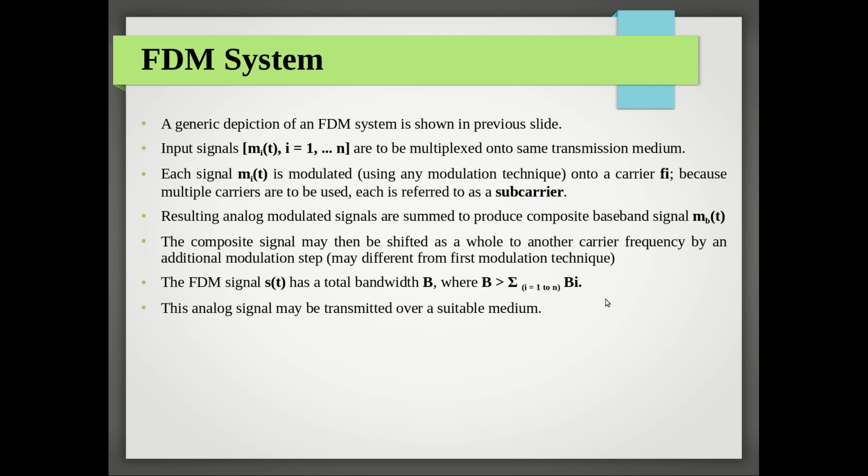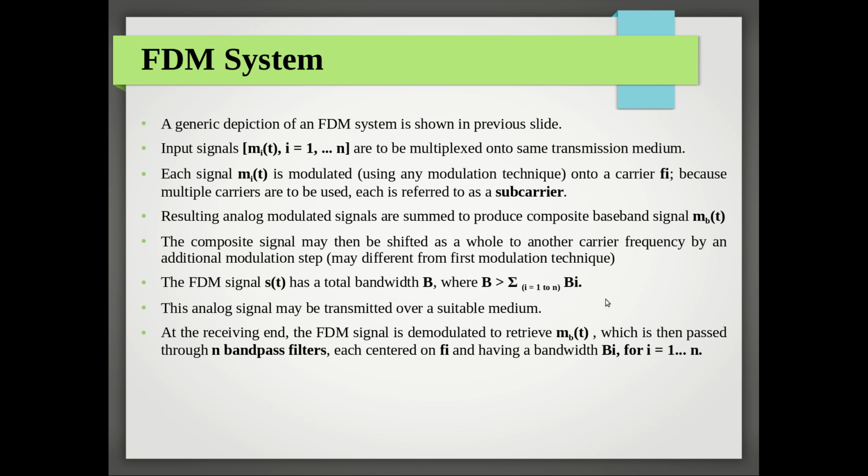So the analog signal may be transmitted over a suitable medium. At the receiving end, the FDM signal is demodulated to recover the combined baseband signal MB of t. We just apply the reverse process.